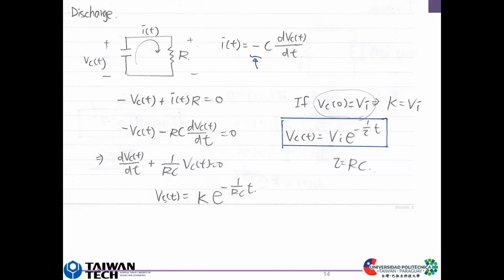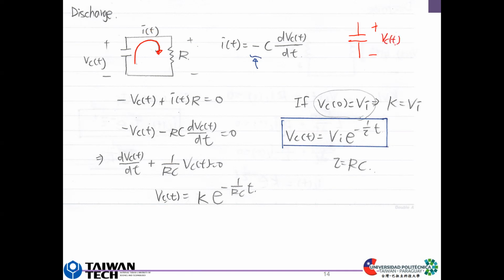One thing you need to pay attention to is the current direction. When we define the voltage and current of a capacitor, we always define it like this: the voltage is positive on the top, negative on the bottom, V_C(t).